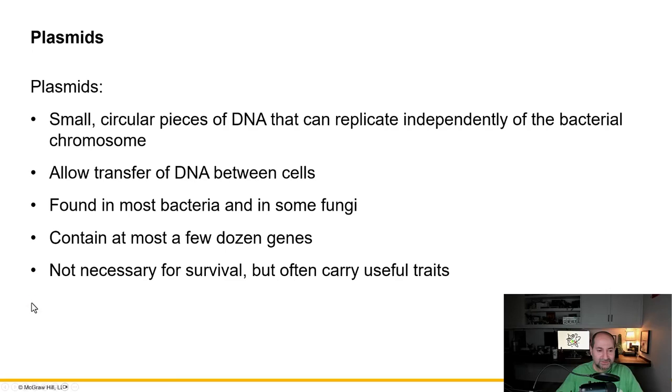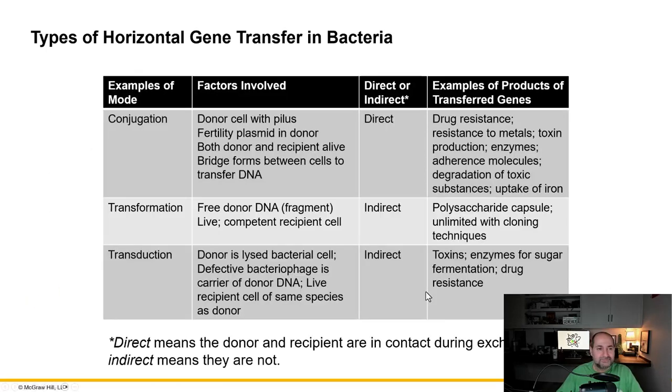These plasmids often carry useful traits. Now, remember I mentioned there are 3 types of horizontal gene transfer in bacteria, and we touched on conjugation. However, there are 2 more forms, transformation and transduction as well. All 3 are common forms of horizontal gene transfer in bacteria, so we're going to discuss each.